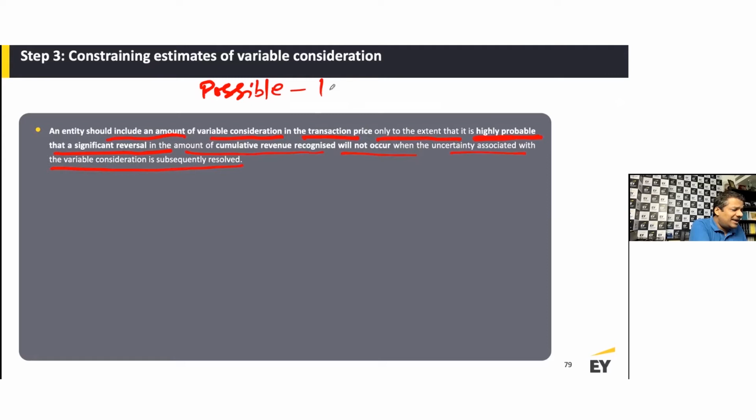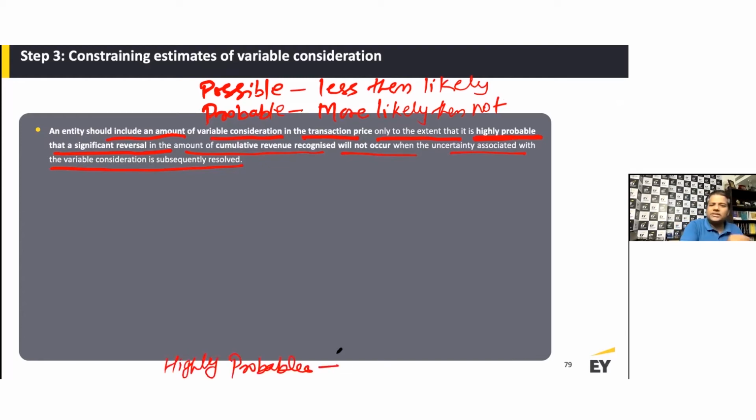It means less than likely. When we say probable, what does this mean? More likely than not. And when we say highly probable, what does that mean? Likely to occur.